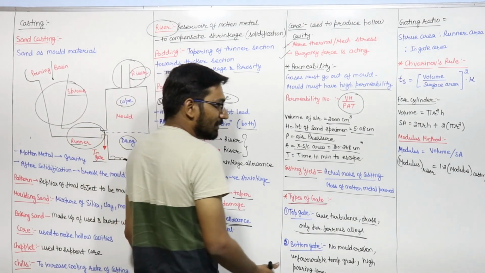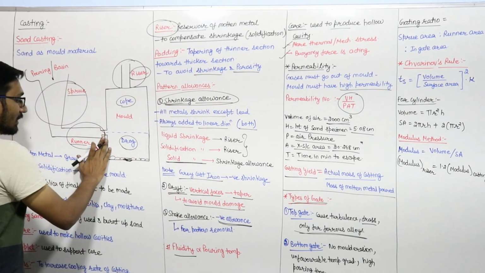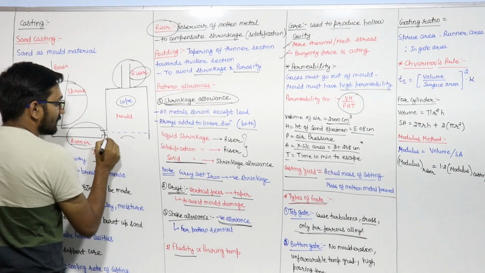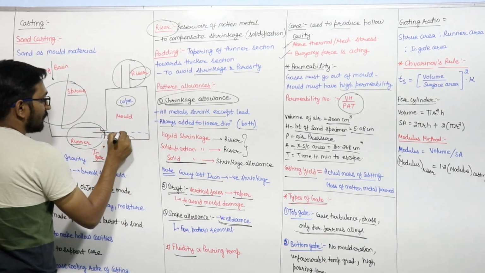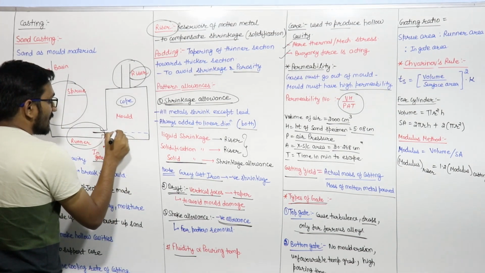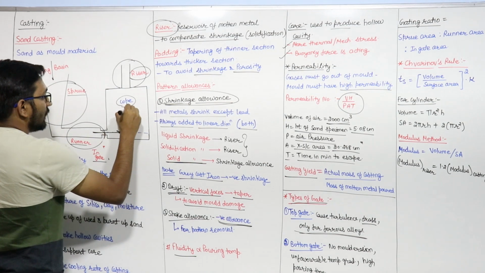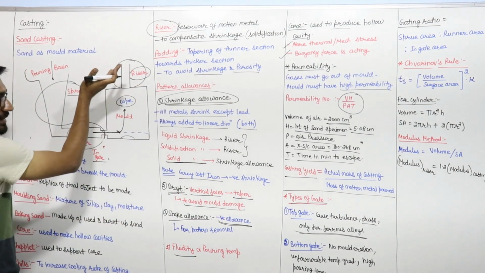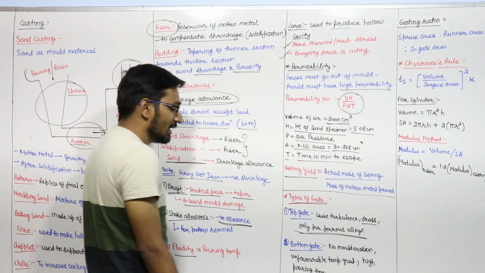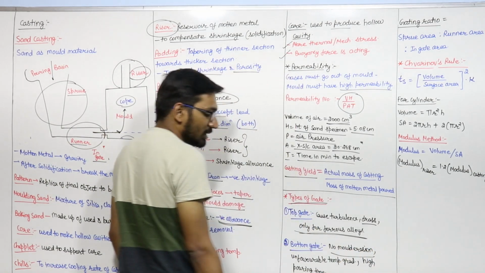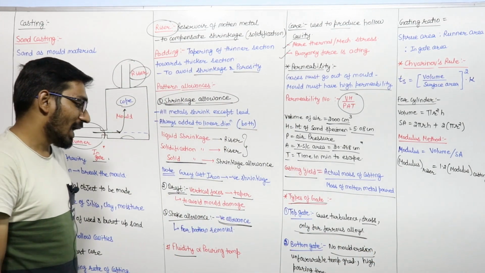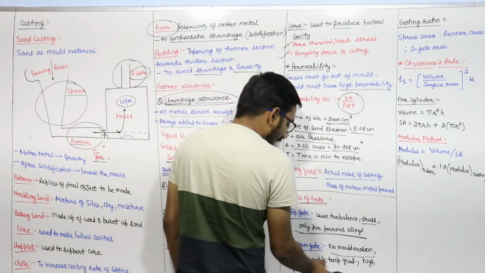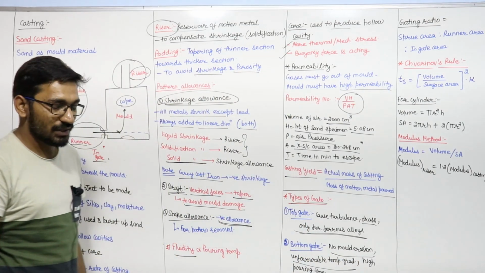Next is the bottom gate. Bottom gate means like this, right? Suppose this is the bottom gate. When the fluid is flowing in this direction, it will fill the mold against the gravity. So in this there is no mold erosion. But in the bottom gate we are having an unfavorable temperature gradient.